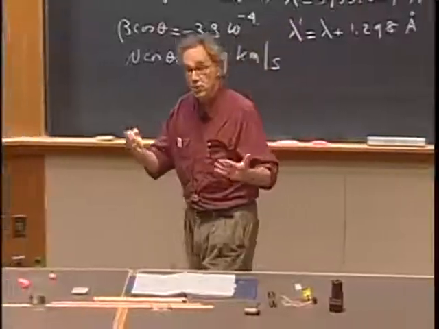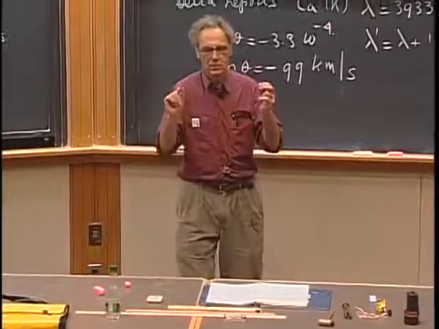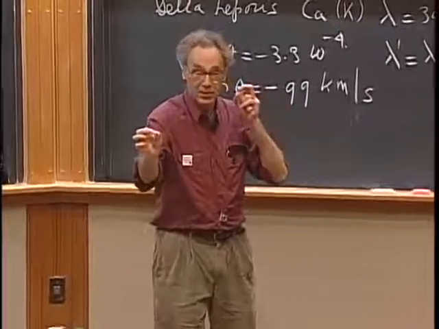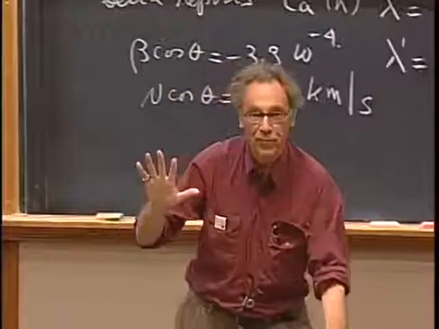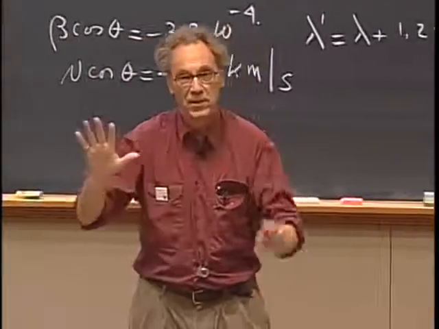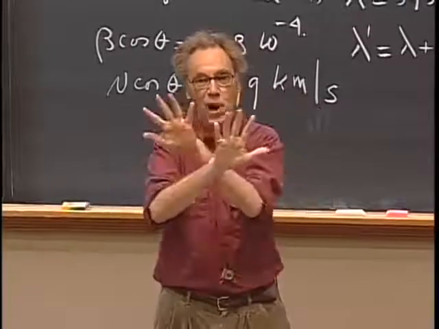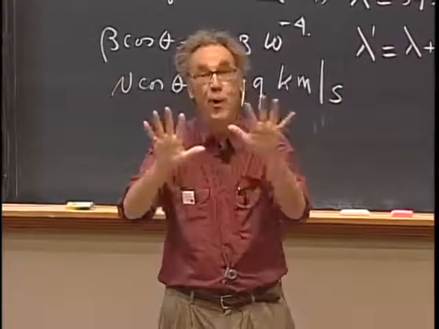If both stars produce enough light, then if one star comes to you that gives you blue shift, the other star must go away from you because they go around each other like that. So now you see one set of lines which goes like this, and the other set of lines from the other star goes like this. And so you now see the motion of the absorption lines of both stars.